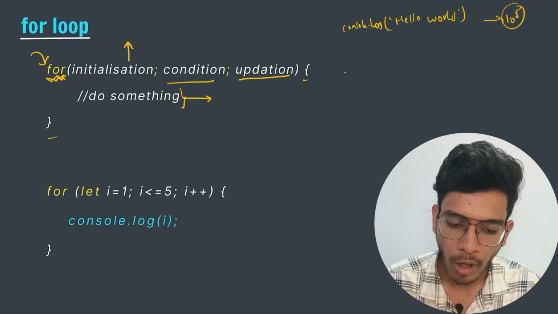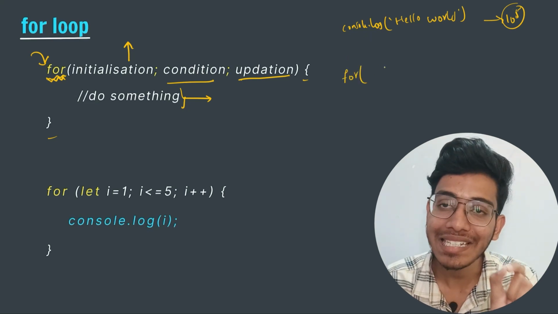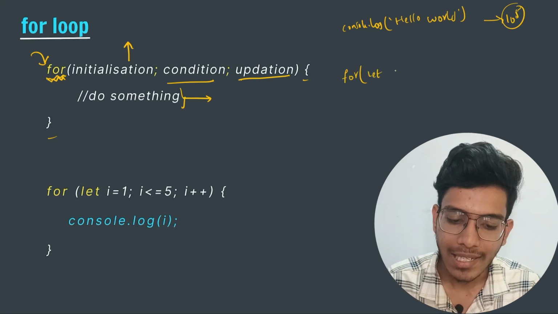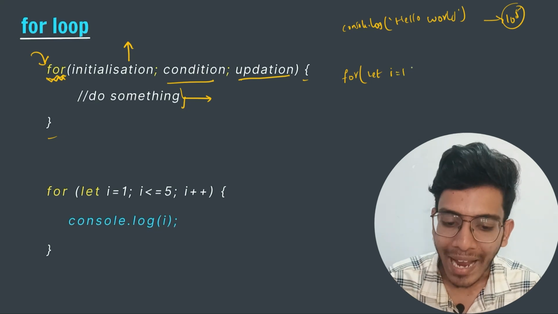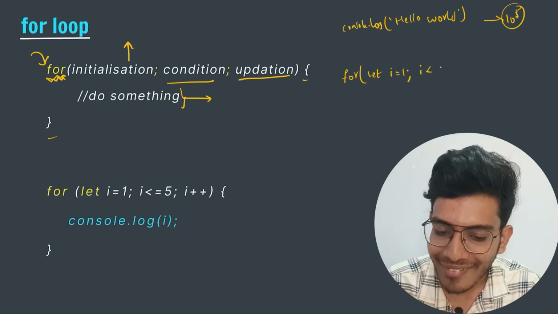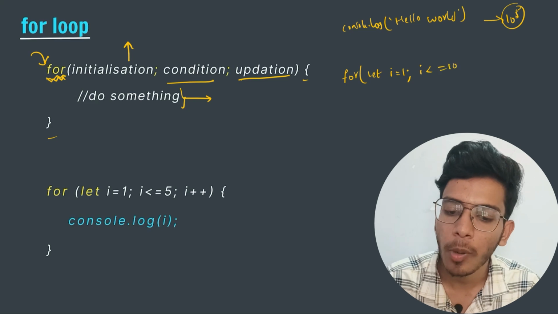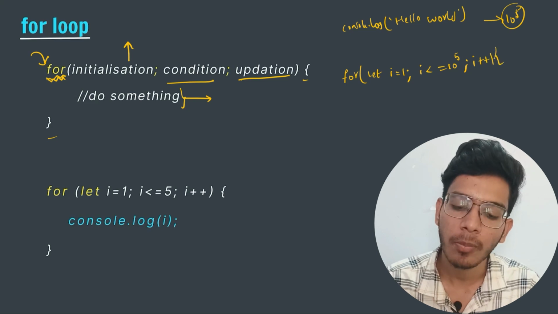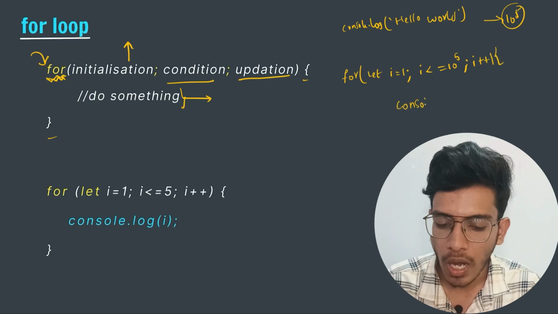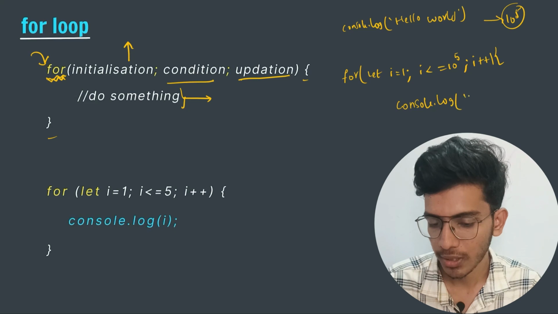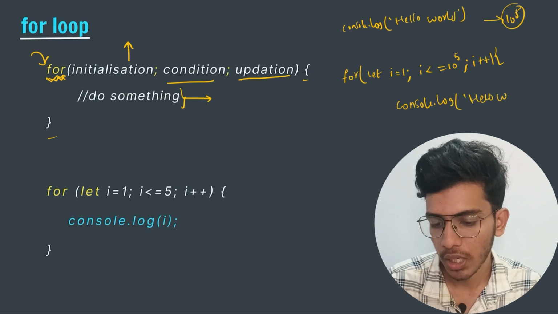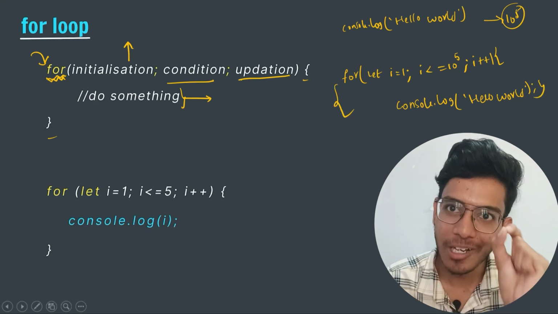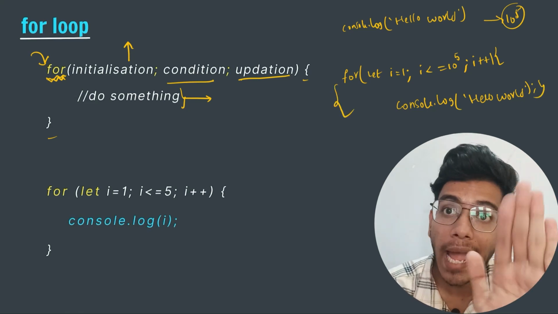I will write for, and I will create an initialization variable, let i = 1. Until my i value is less than or equal to 10 to the power of 5, I will increment i, and inside that I will print console.log hello world. Now these 2 lines will print hello world 1 lakh times.